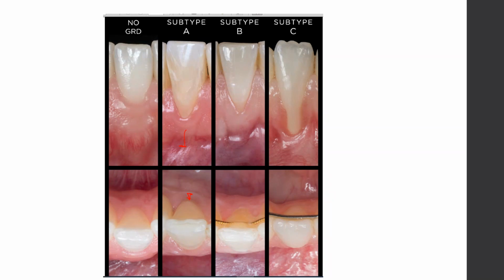In subtype B, we can see that attached gingiva is more than 1 mm but thickness is less than 1 mm. And here the attached gingiva is less than 1 mm, and in subtype C we have to see irrespective of gingival thickness. Okay, so that is how it is about the gingival phenotype.